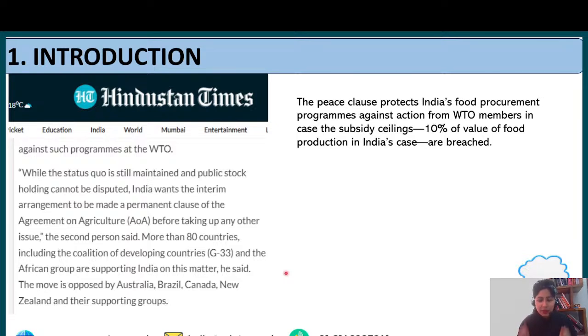Secondly, the public stockholding of food grains enables India to release food grains in the global market whenever there is a decrease in the flow of food grains in the international markets. That means India can utilize a situation of a natural disaster or a famine in some other country in its favor by releasing its public stockholdings. So that is the charge that has been levelled against India at WTO.